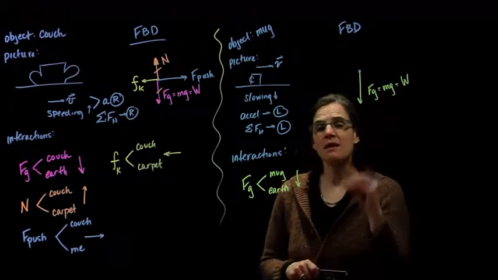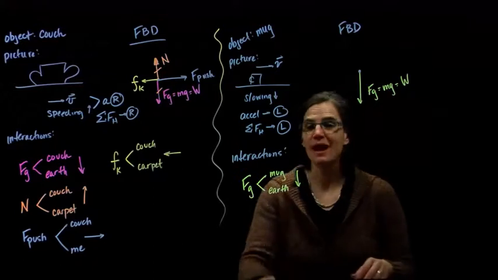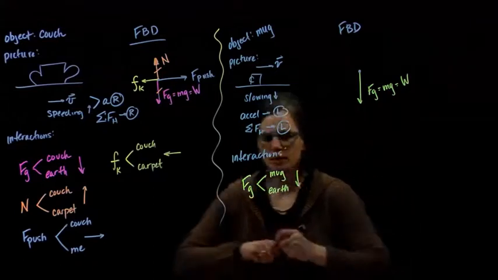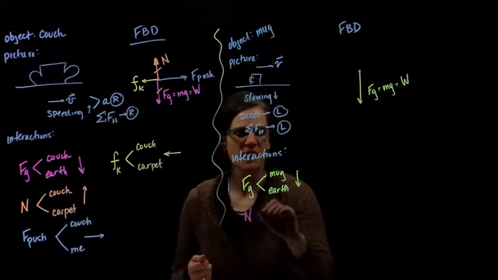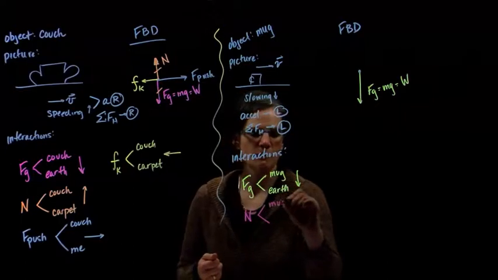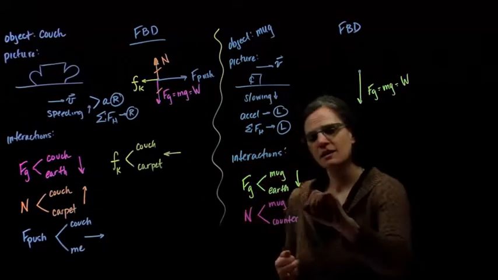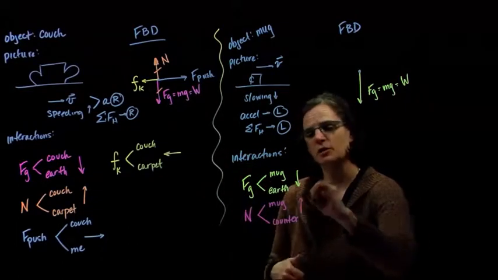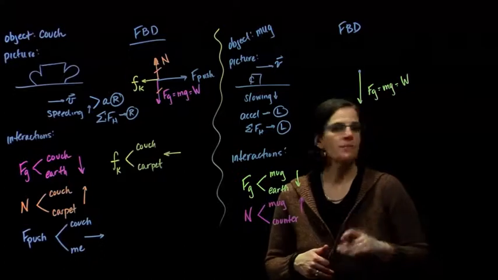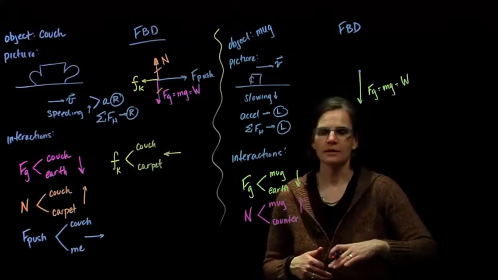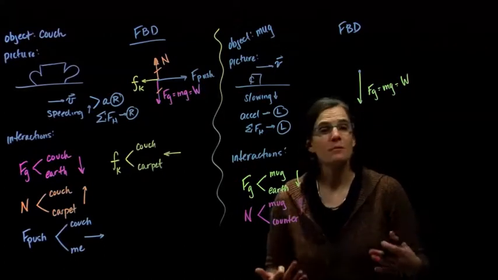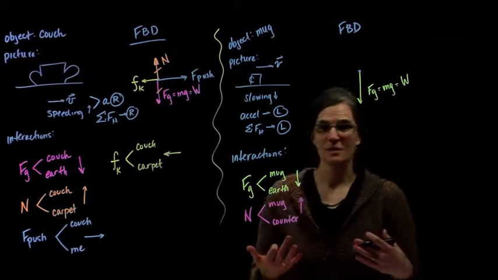Okay, that mug is interacting with the counter, squishing the counter's molecules, and they're pushing back. So we have that normal force between the mug and the counter. And if they're being squished down, they're pushing up. Now, this mug is not changing its motion up or down, and so the net force up and down must be 0.